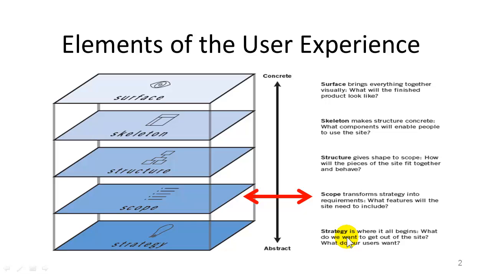So we look at the goals and objectives and the users. Based on that information, now we go to the scope plane where we start looking at the content requirements and the features. What type of content do we need and what type of interactions do we possibly need?